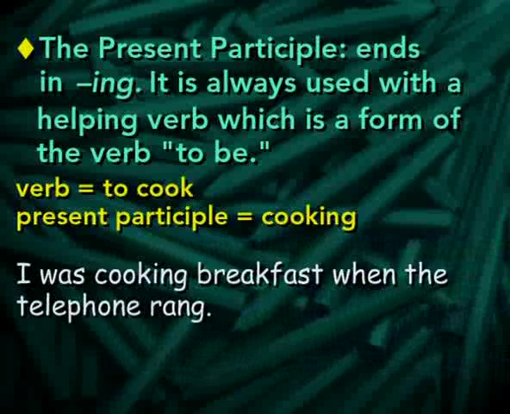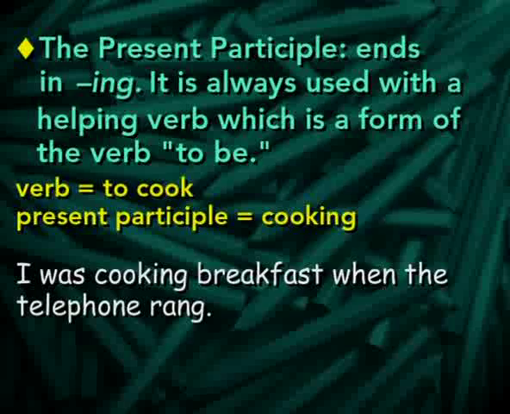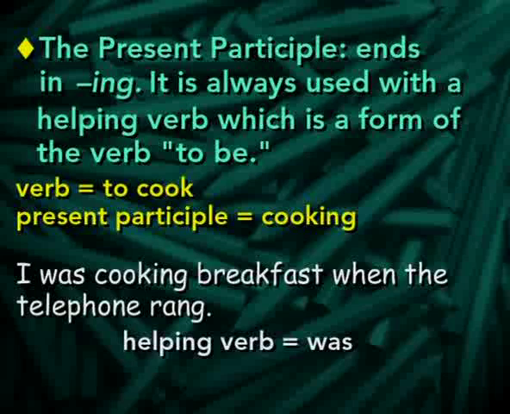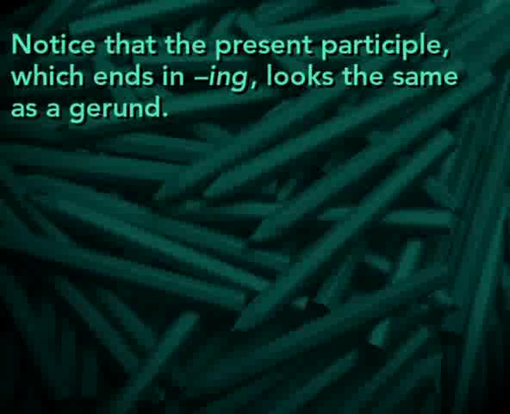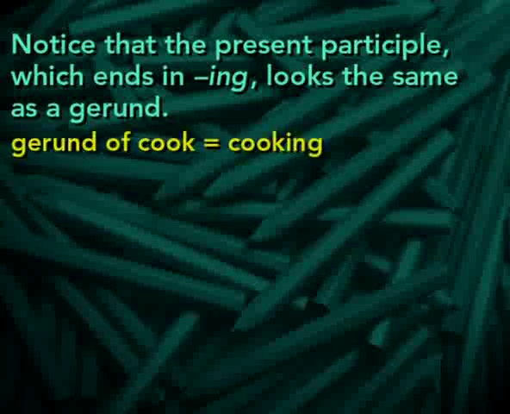Notice that the present participle cooking is used with the helping verb was, which is a form of the verb to be. Notice, by the way, that the present participle, which ends in ing, looks the same as the gerund. The gerund form of the word cook is cooking. The difference between the gerund and the present participle is the way they're used.